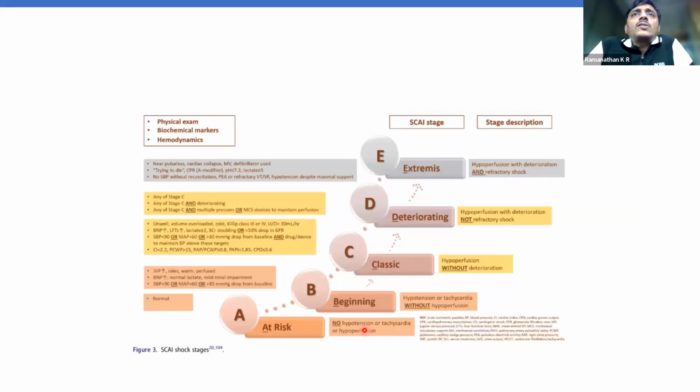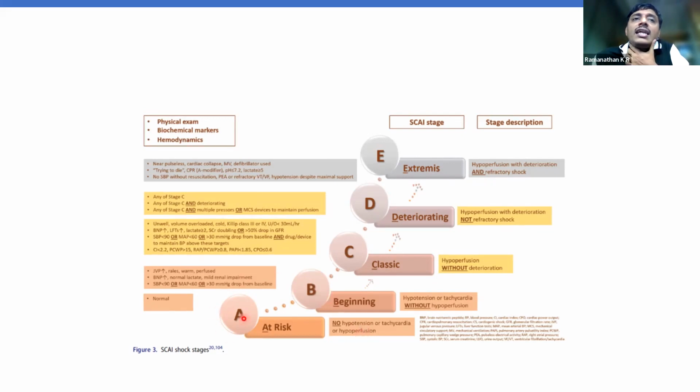To explain more about these five stages, I've already given you some of the things about the pyramid, the SCAI pyramid that stratifies cardiogenic shock. Now, this slide highlights what happens in each of these stages.